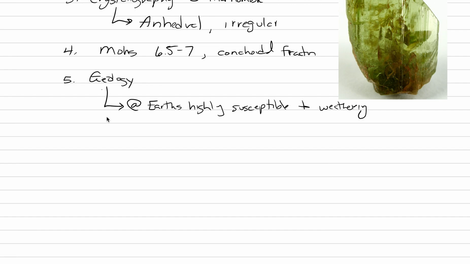We find it in 4 different environments. The most important is in chunks of the mantle, because the Earth's mantle is made up of a rock called peridotite. 90% of peridotite is essentially just peridot. And the problem is the mantle is deep underground. So the chunks of the mantle must be brought to the surface in a volcanic eruption.